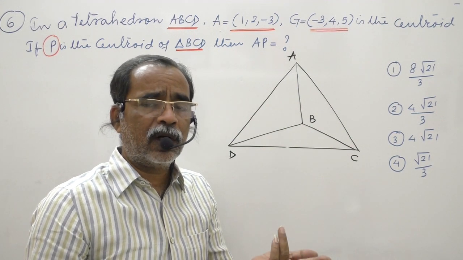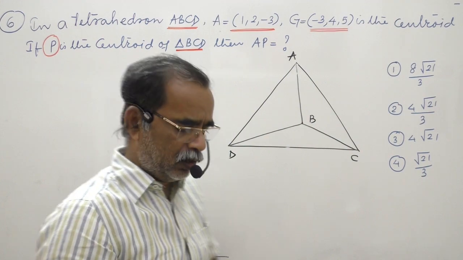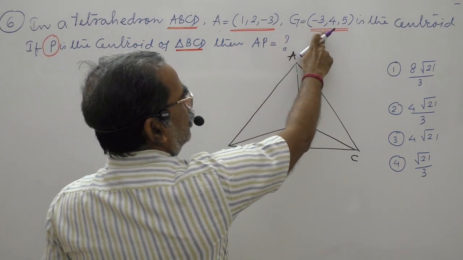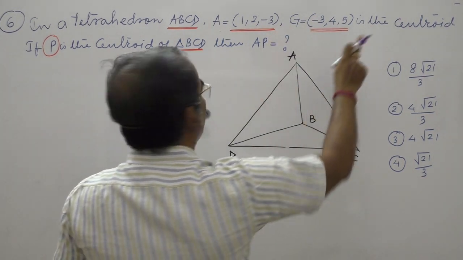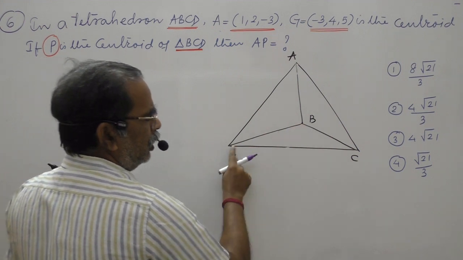In 2D, what is the centroid? Simple. Intersection of medians. There are only 3. Here, this is vertex A, this is the centroid, okay. And what is P? P is the centroid of triangle BCD.